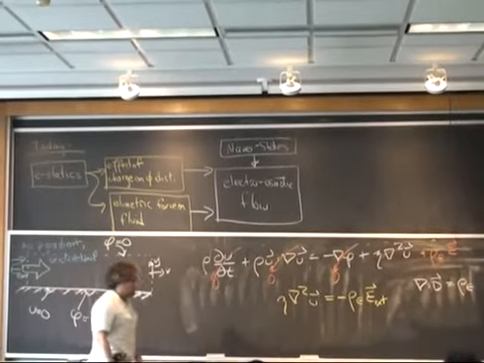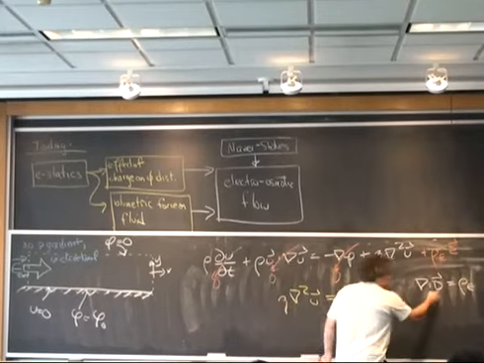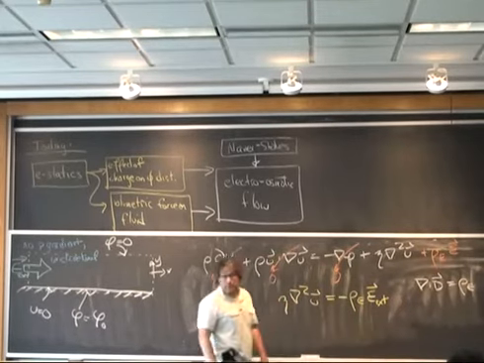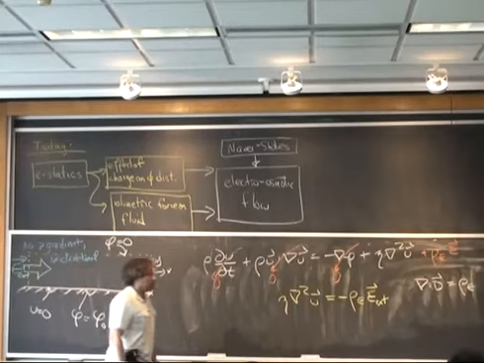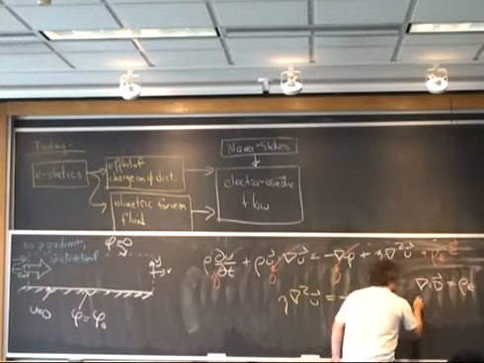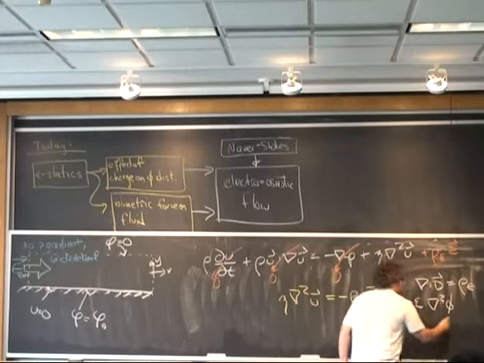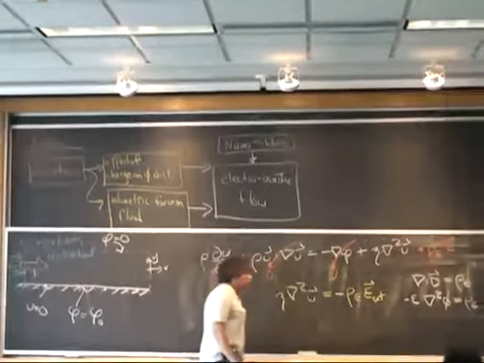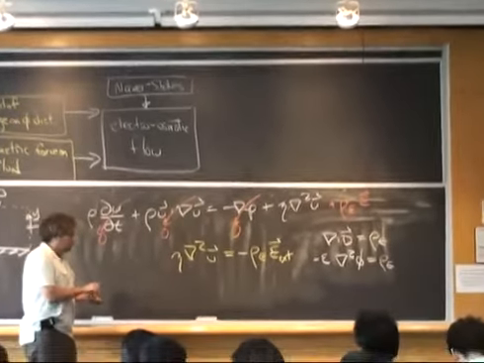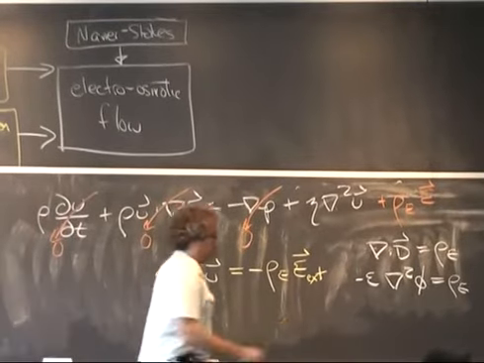So Gauss's law says that the divergence of the electric displacement is given by the net charge density. I'm going to say that my electric displacement is given by epsilon times E. And I'm going to assume that epsilon is spatially uniform. And I'm also going to include the definition of the electric field, which is that the electric field is the negative gradient of the electrical potential.